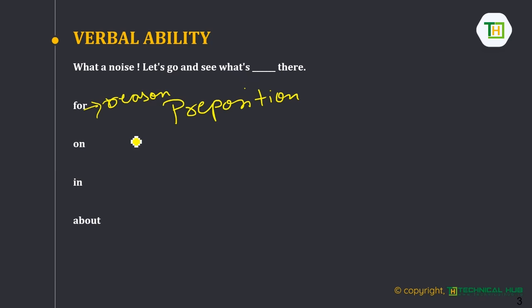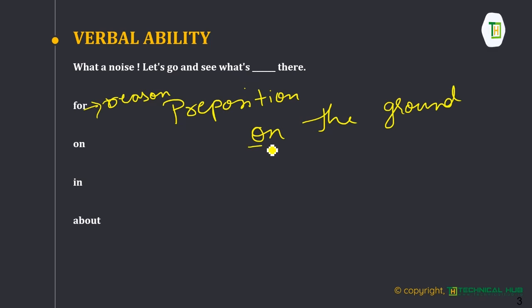For example, where is your friend? He is on the ground, we say. We don't say it as in the ground. This is a mistake. He's on the ground playing cricket. So on is the right option. In and about cannot be used at all.